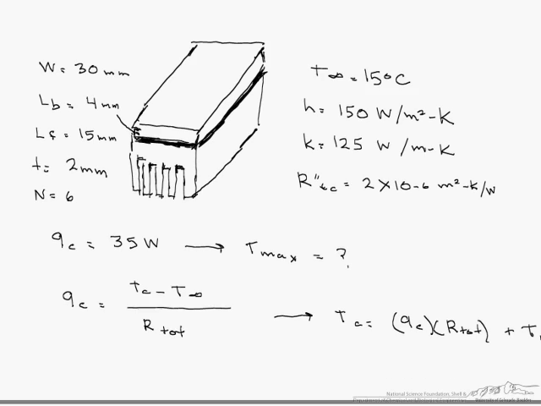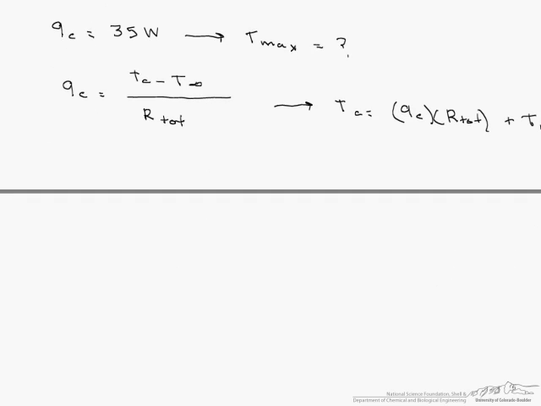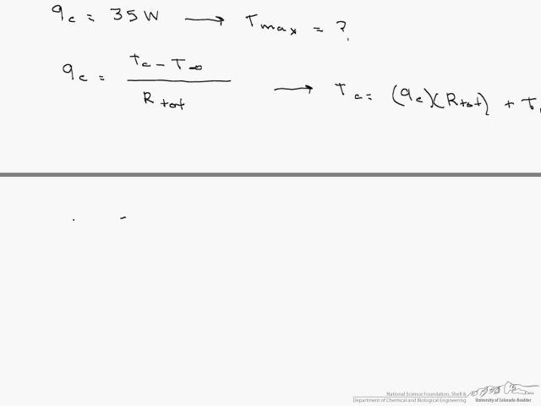And what does that total resistance consist of? It consists of the resistance because of the contact between the chip and the base, as well as the resistance of the base itself, plus this overall resistance that takes into account the fins.